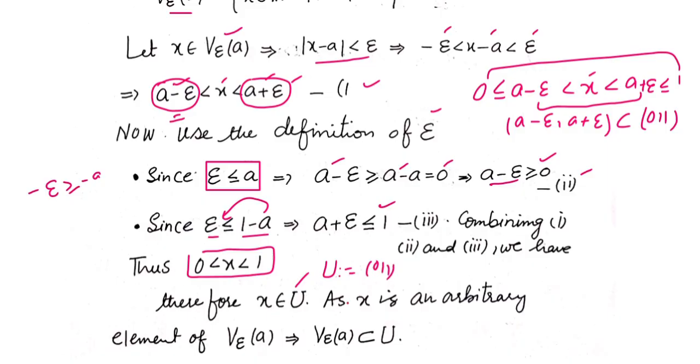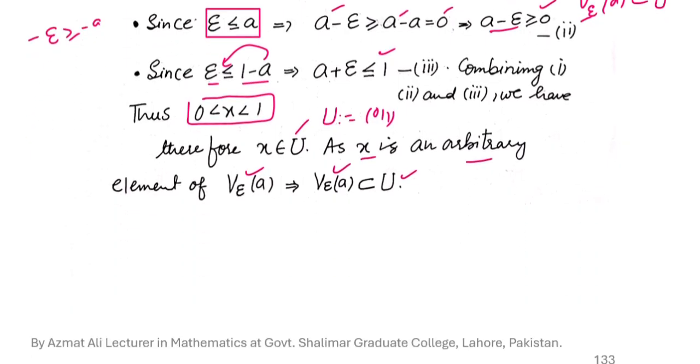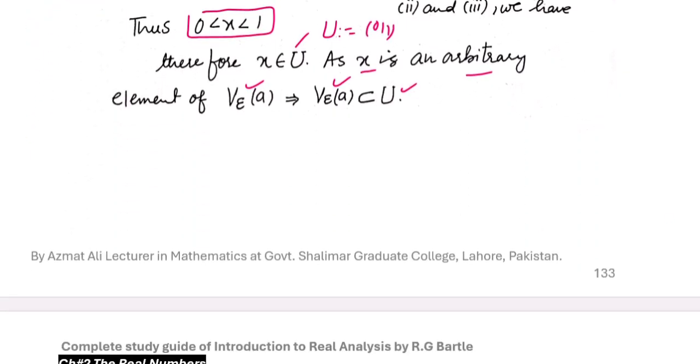As x is an arbitrary element of the epsilon neighborhood of a, this shows that the epsilon neighborhood of a is a subset of u. You can notice clearly from here, this epsilon neighborhood of a is a subset of the open interval 0 to 1, that is u. And it completes the proof.